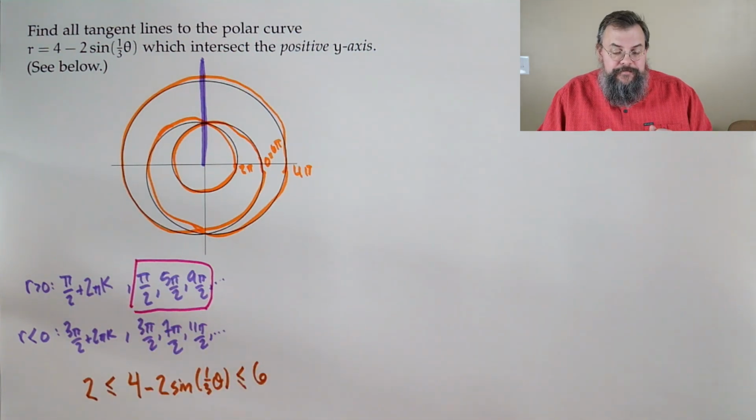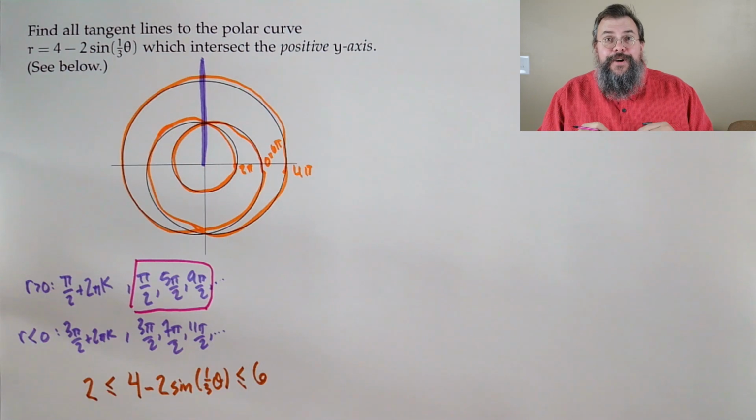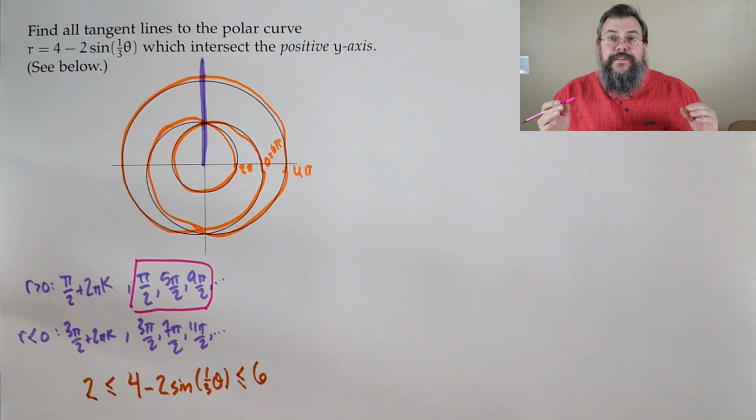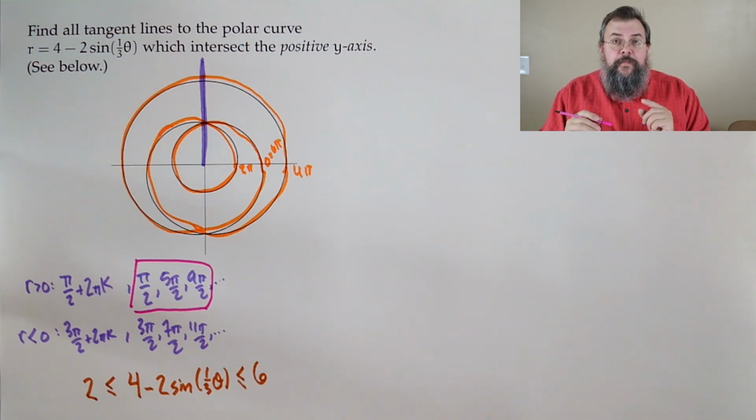Okay, good. Now we know where we need to take our tangent lines. We also know we're on the positive y-axis. That helps a lot, because if we're on the positive y-axis, well, that says it's really easy to find the coordinates. You just have to know how far up do you go.